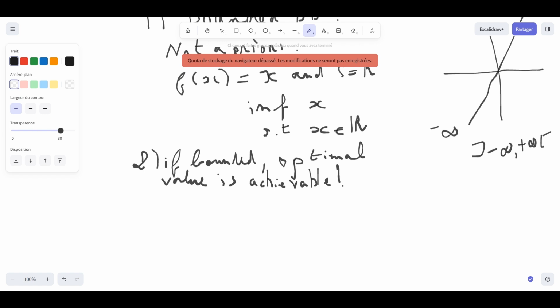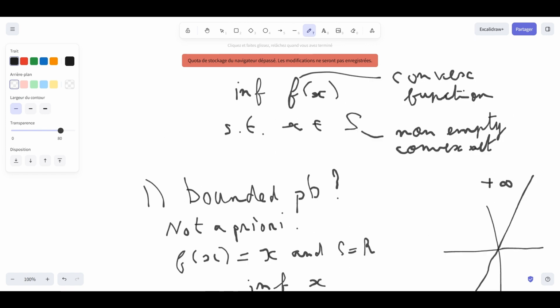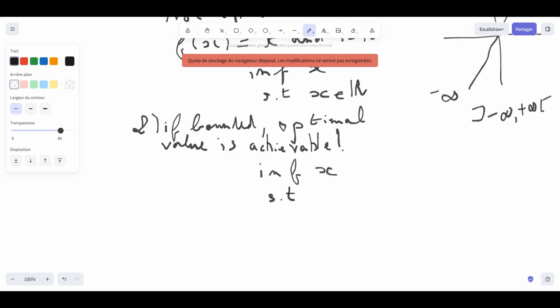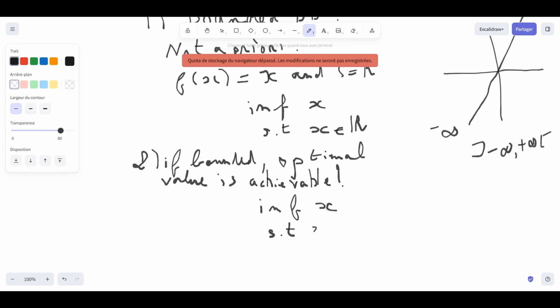Now, for example, if you take once again f of x, but this time the problem being bounded, we change the non-empty convex set, such that x is in (0, 1].